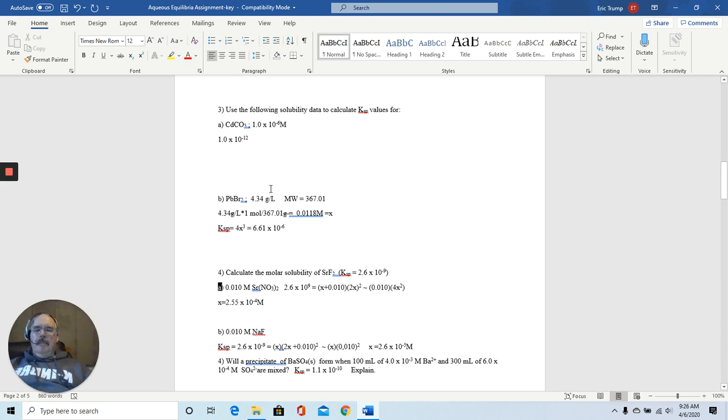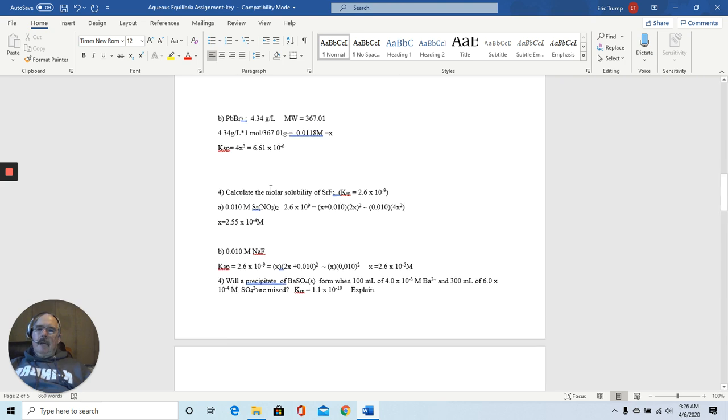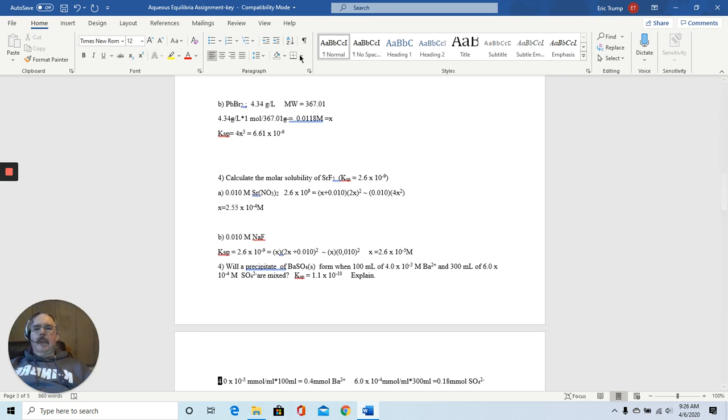Part B. We're given the solubility in grams per liter. If we divide by the molecular weight, grams cancels out, and we get moles per liter, or molarity.